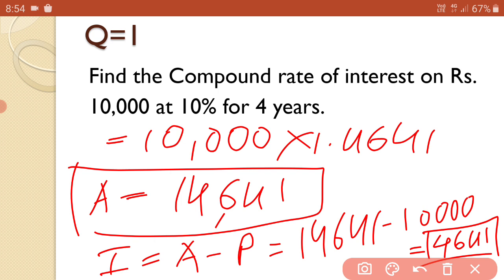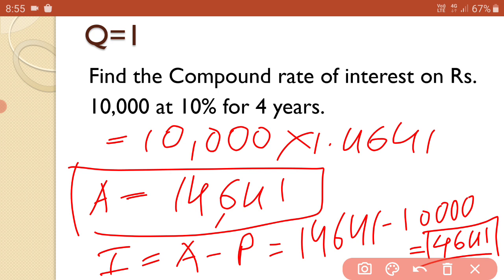So you get the answer 4641. 4641 is the interest.